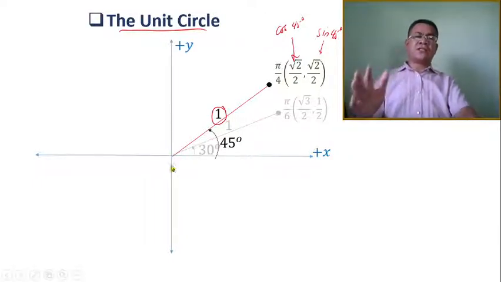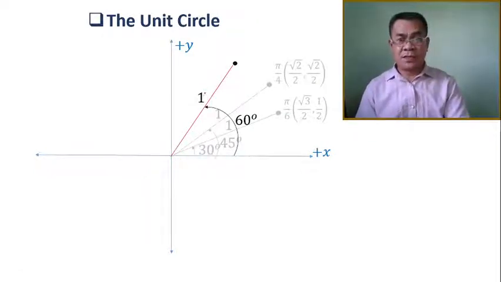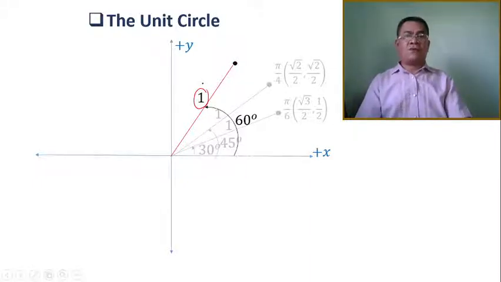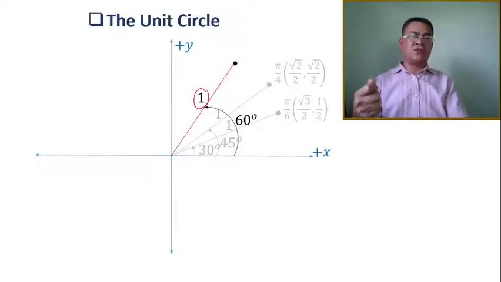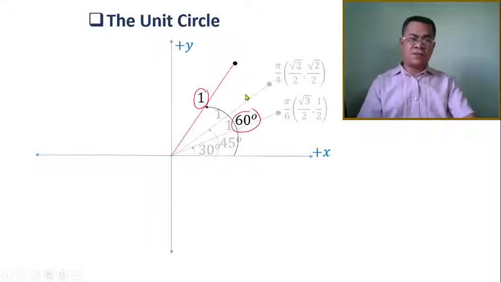Now, if the angle is 60 degrees, since 60 degrees is a special angle, we can assign the radius as 1 unit. Since this is 60 degrees, the cosine of 60 is 1 half, and the sine function is square root of 3 over 2.